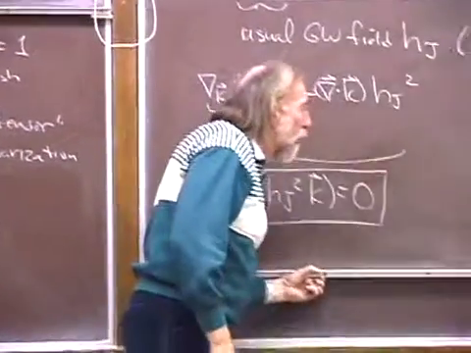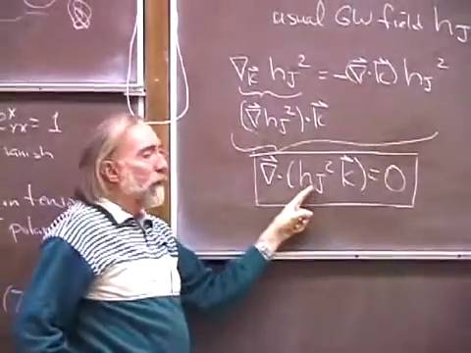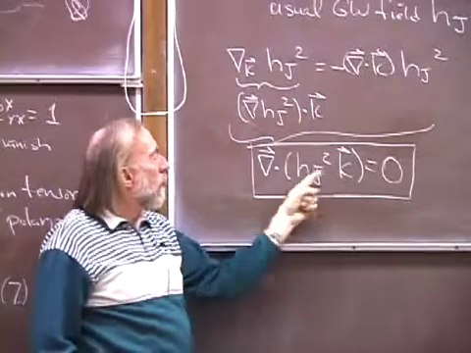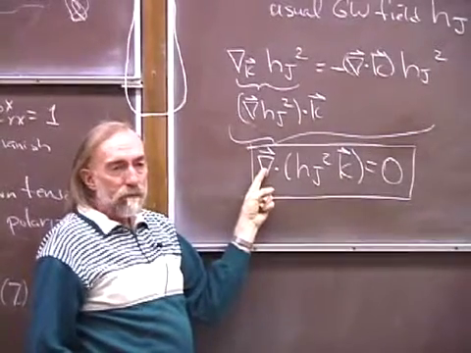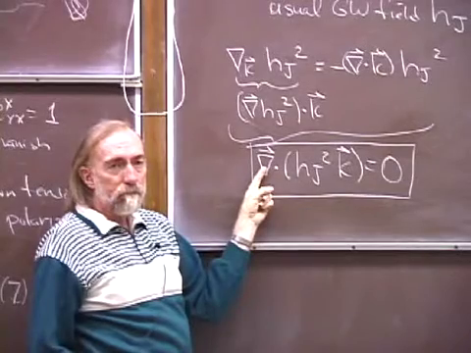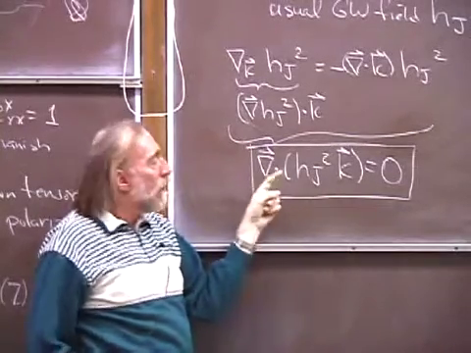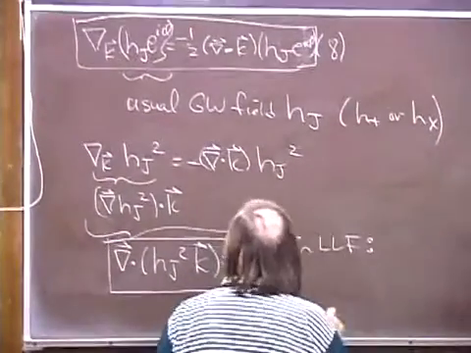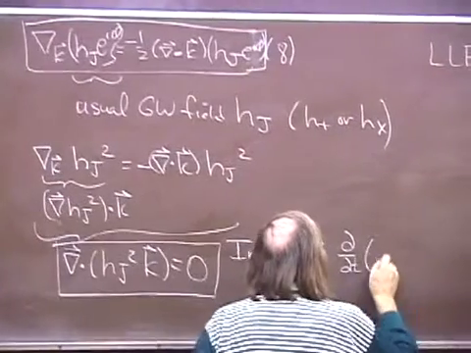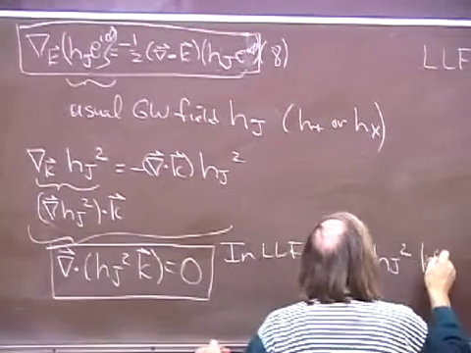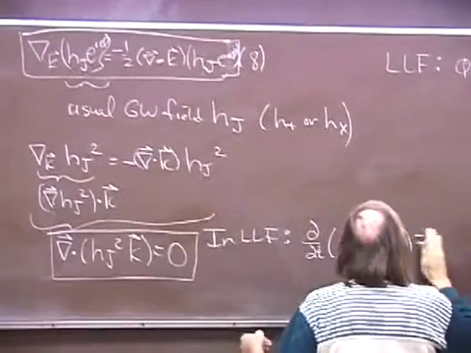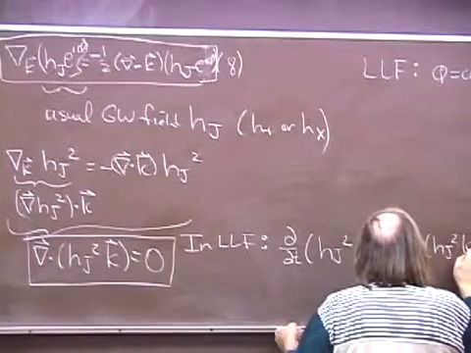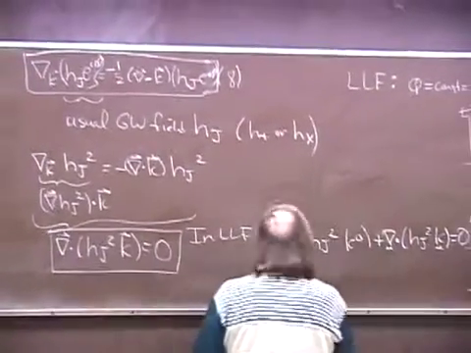And so that says that from the gravitational wave field for the plus polarization or for the cross polarization, you can build a quantity that is divergence free in space-time. In a local Lorentz frame, what this says is that d by dt of h_j squared times k^0 plus the spatial divergence of h_j squared times the spatial part of k vanishes.